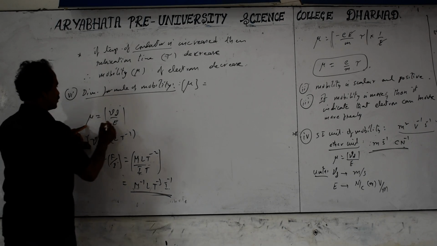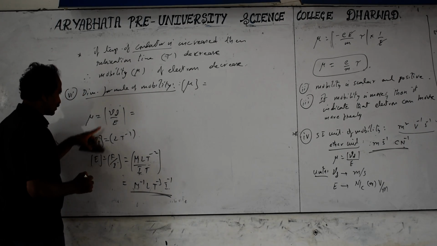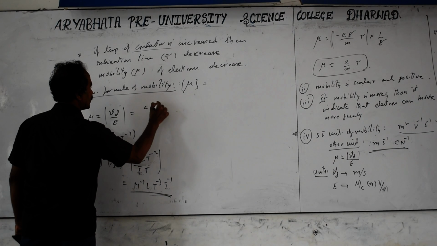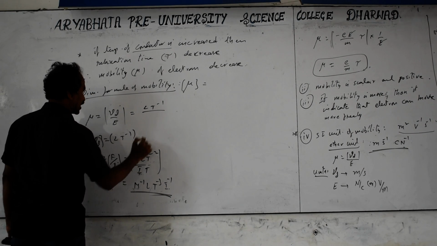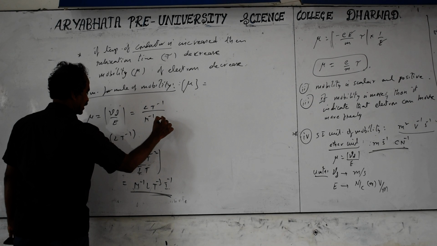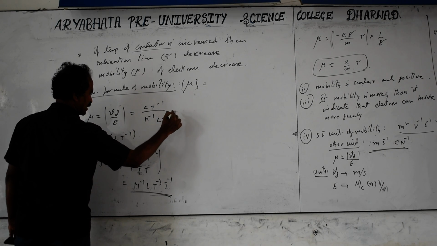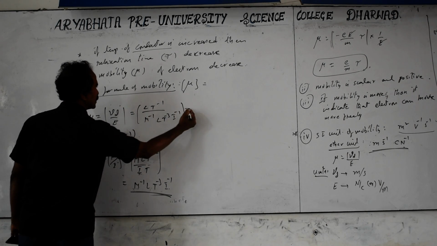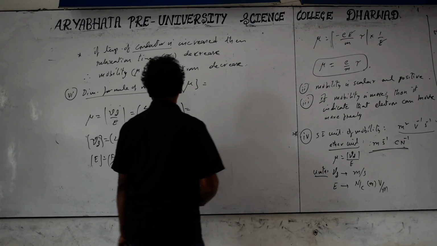So we get the relation for the mobility: mu is equal to the dimensional formula of velocity, L t to the minus 1, by electric field, M to the minus 1 L t to the minus 3 I to the minus 1. We get the error cancels.